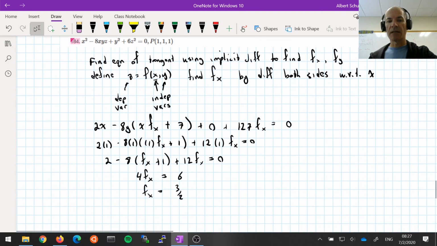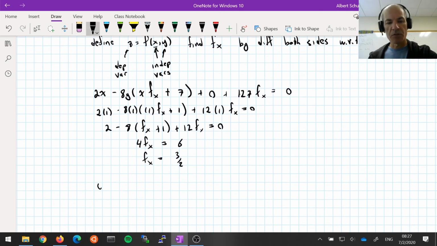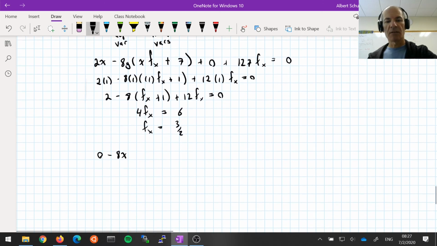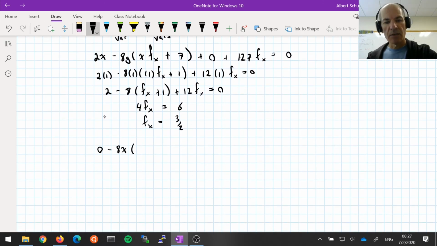So the derivative of x squared with respect to y is, of course, 0. Minus 8x, because in the context of differentiating with respect to y, both 8 and x are constants, and we have the yz that we need to differentiate using the product rule. We have y times f sub y plus 1 times z.